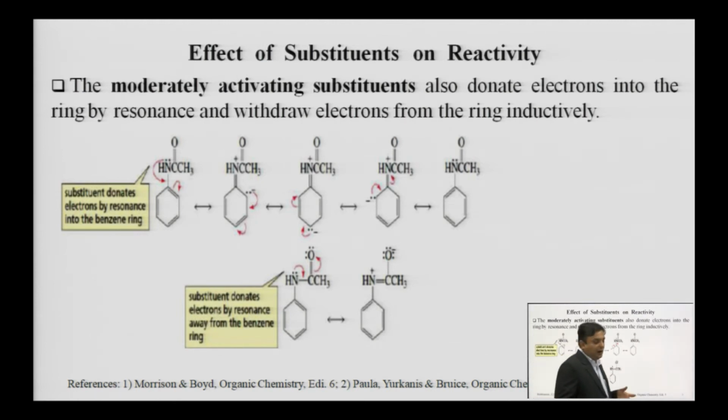Now, there is also a possibility that a group has a +I effect, but it also has a -R effect. It is also possible that a group has a +R effect, but it has a -I effect. Okay.